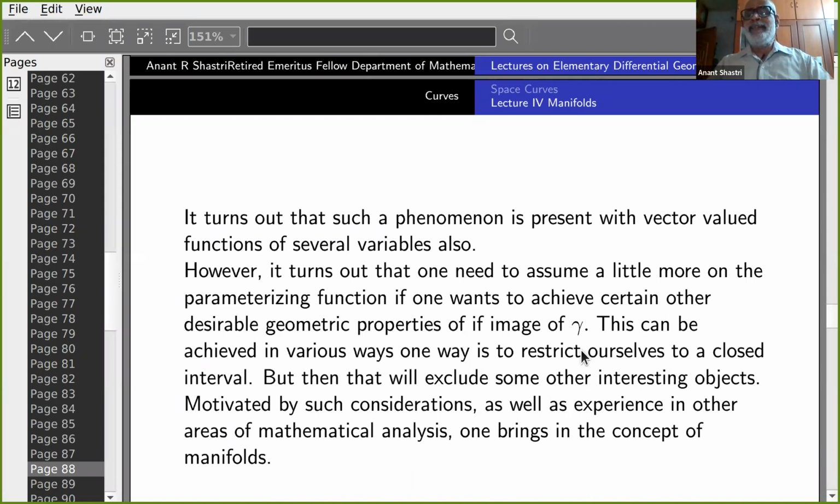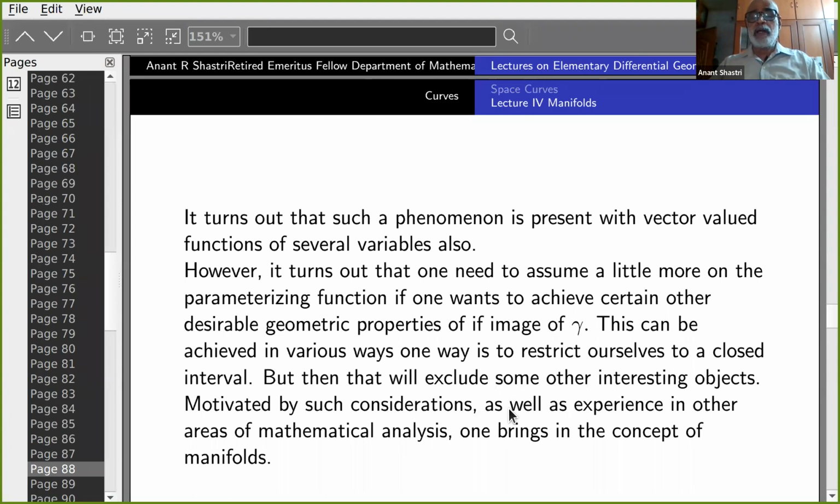One easy way is to restrict ourselves to closed intervals. But then we will be excluding very many interesting objects like parabola, hyperbola, and so on, defined all over R. If you put too much restriction, that is not good.